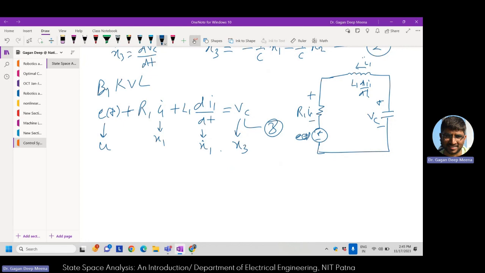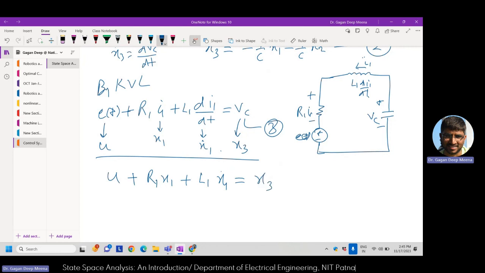So overall, assuming these state variables and input variables and rewriting equation number 3, we can write it as U plus R1 X1 plus L1 X1 dot is equal to X3.